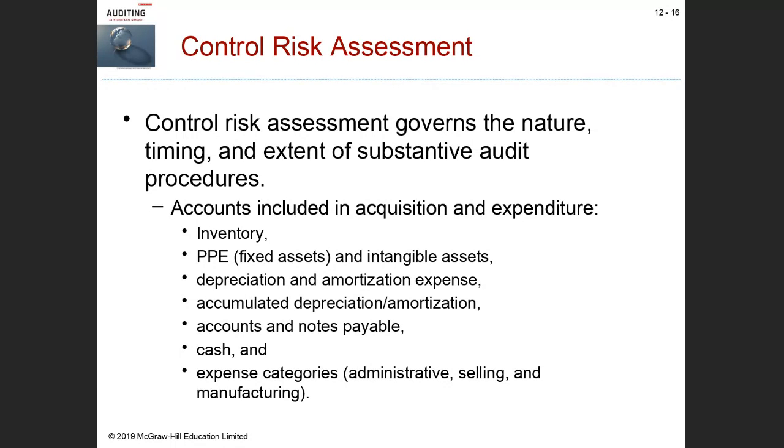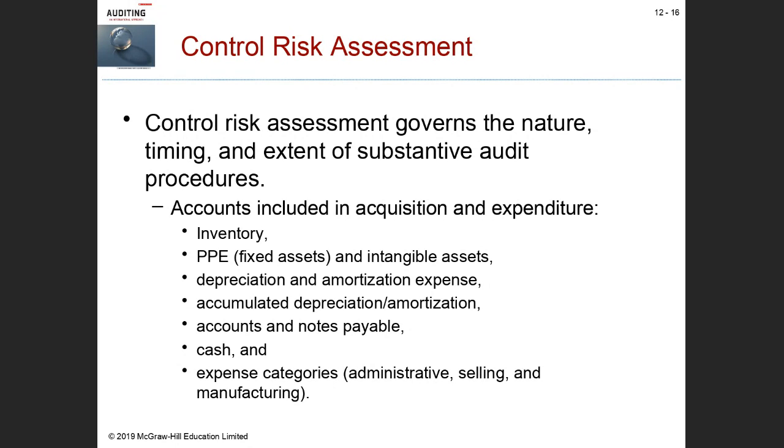You have the application controls over inventory. And then at the bottom of page 569, you'll see the heading PPE, property, plant, and equipment assets and related accounts. Again, what are the environmental controls and the application controls over those accounts?